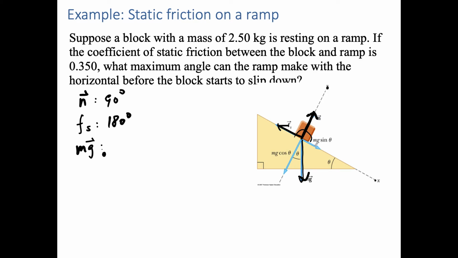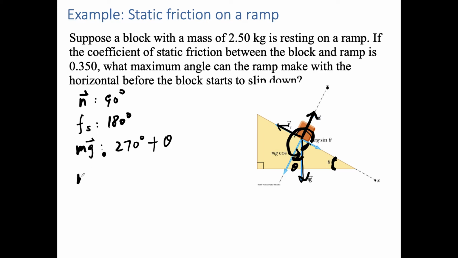We need to start from positive x direction and go counterclockwise. So it's actually 270 degree plus this angle. And using geometry, we can find out that this angle is theta, same as the angle of the incline. Because this angle gives us 90 degrees, this angle gives us 90 degrees, so they have to be equal. So the angle of weight is 270 degrees plus theta.